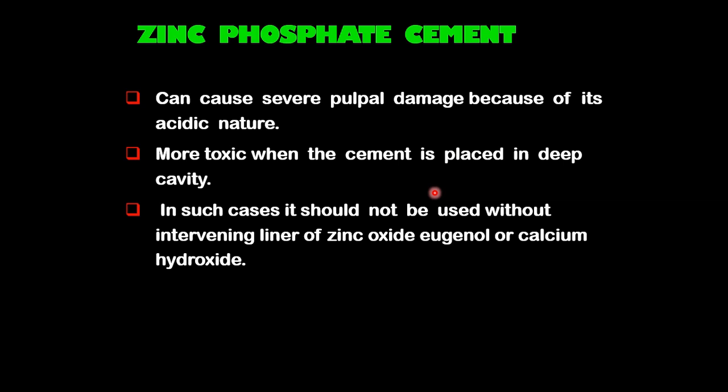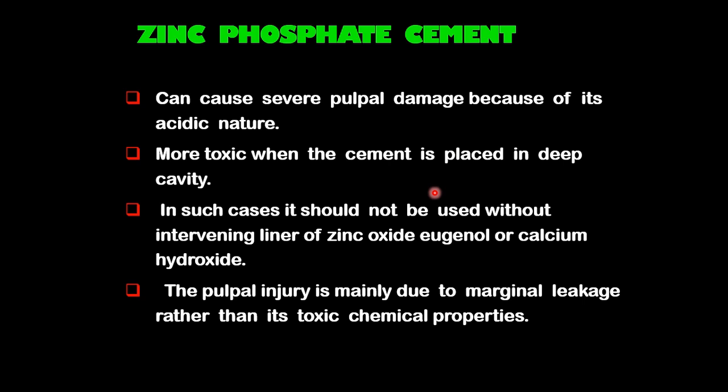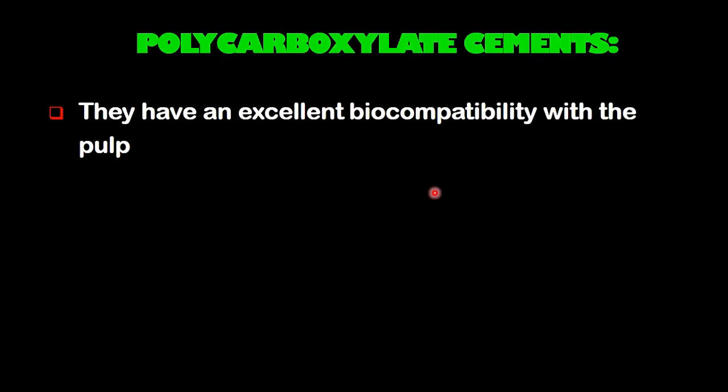Basically the restorations with zinc phosphate base showed more post-op sensitivity because of its acidic nature and increasing pulpal inflammation, because it also lacks an adequate marginal seal, and the pulpal injury is mainly due to the marginal leakage rather than the toxic chemical properties.